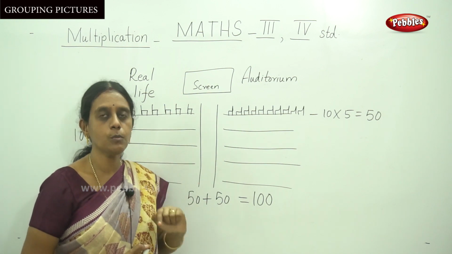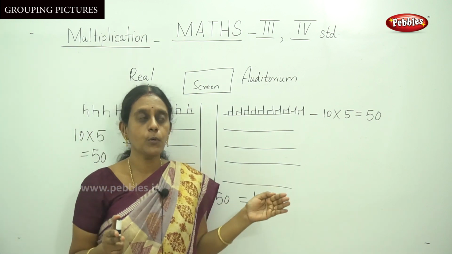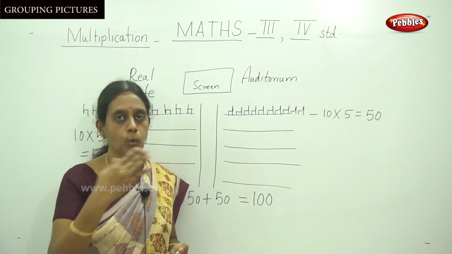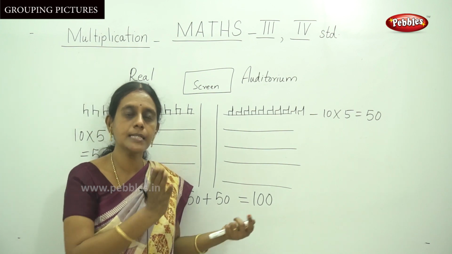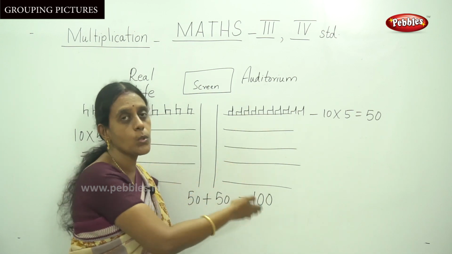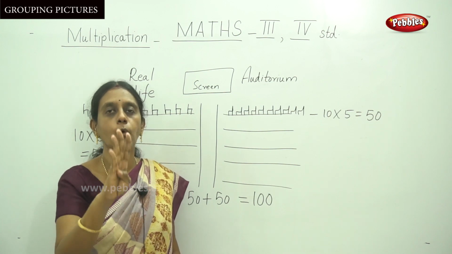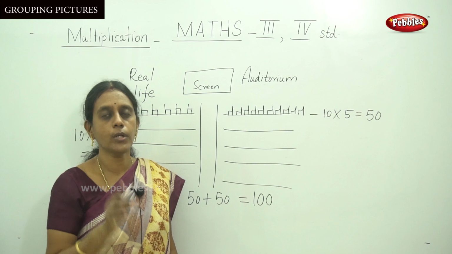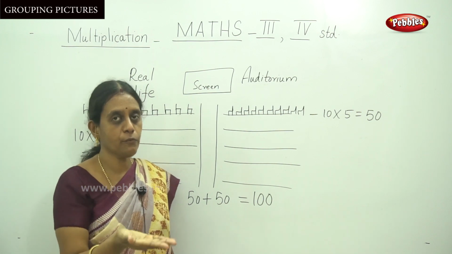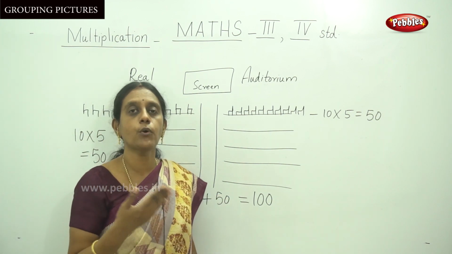In your classroom also, you can calculate the total capacity. Suppose your class has 6 rows on both sides, similar to the left and right hand side, 6 rows on each side, and each bench can seat 4 students. You can calculate 4 into 6 is 24, and again on this side 24, and 24 plus 24 is 48.